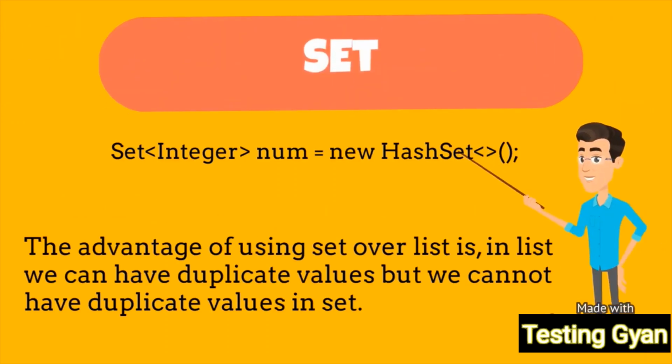Next thing is we have Set. Set again is an interface, so we have to search for its implementation, which is HashSet. How will we define it? We'll define it Set, angle bracket Integer, num, and then new HashSet, and then round bracket open close. The advantage of using Set over List is in List we can have duplicate values, but in Set we cannot have duplicate values.